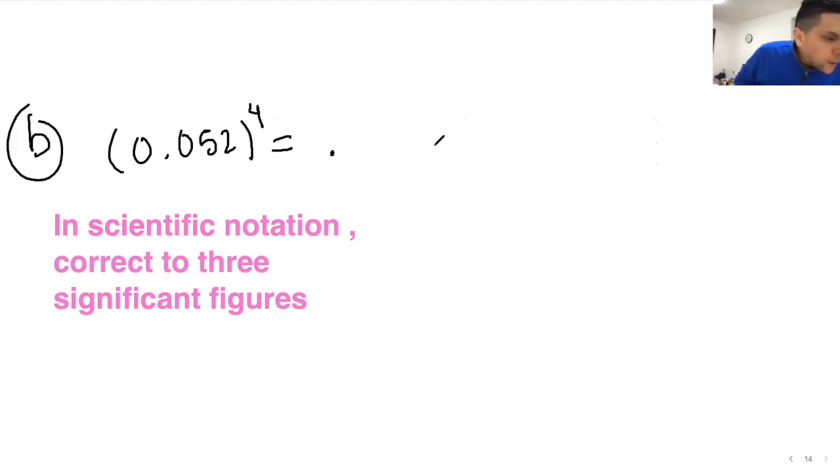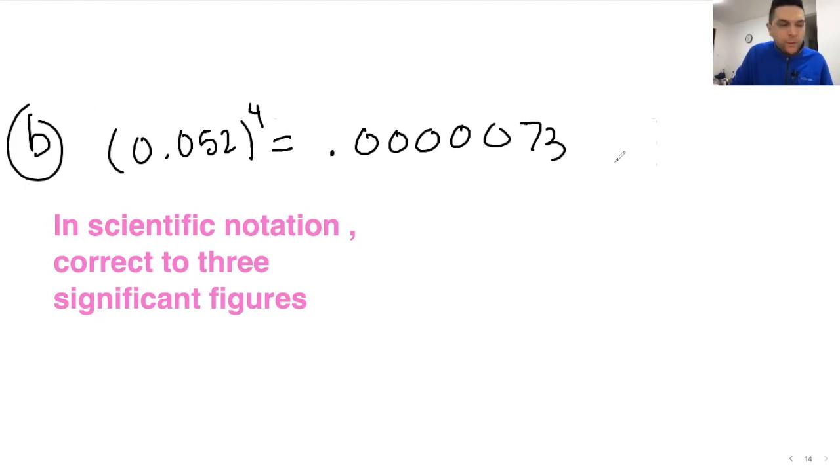Point, how many zeros? 1, 2, 3, 4, 5 zeros, and then 7, 3, 1, 1, 6, 1, 6. And now correct to three significant figures.